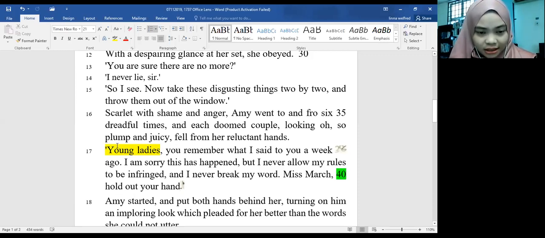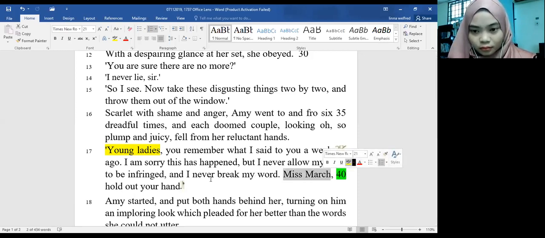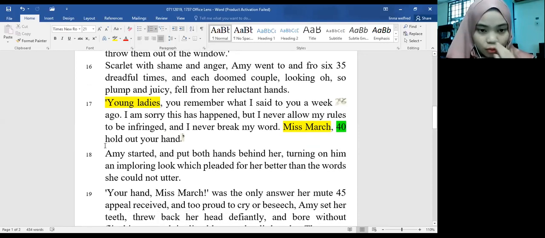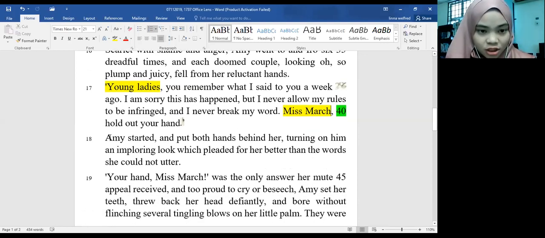This whole sentence is a dialogue, and at the end it mentions Miss March, but we do not have a clue who Miss March is. So we look more at paragraph 18, which is Amy started and put both hands behind her, and the next paragraph, your hand, Miss March. That means Miss March is referring to Amy.